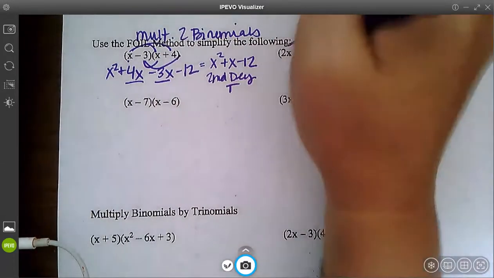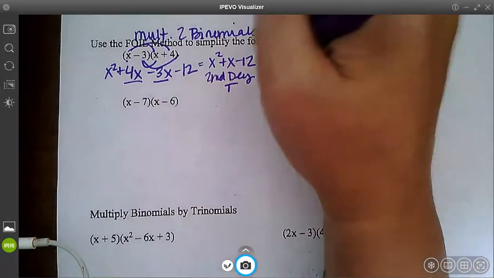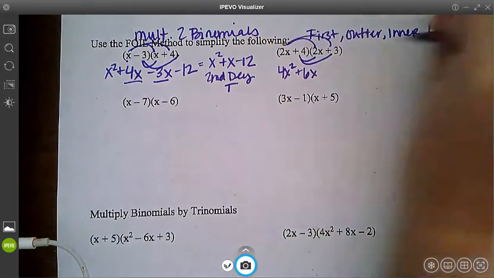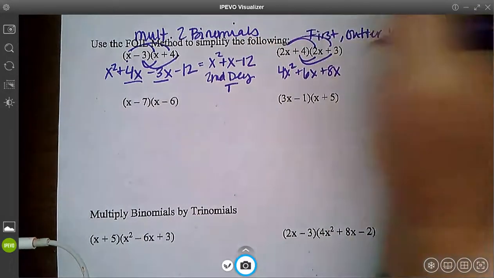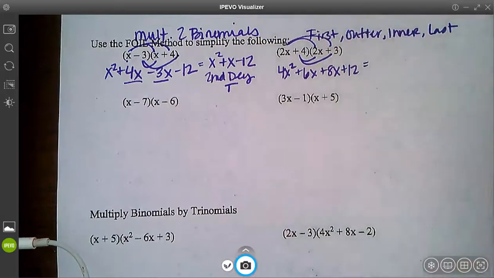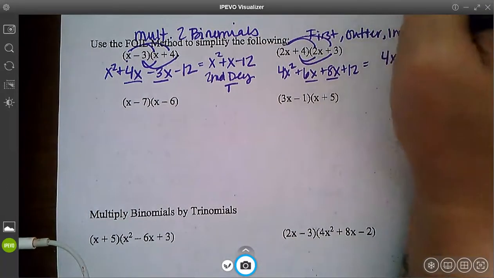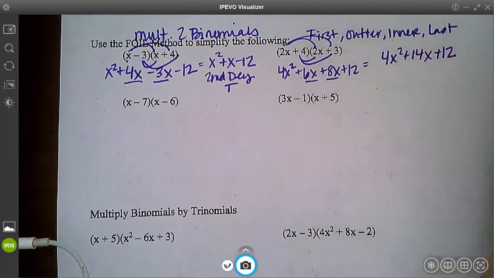The next one, 2x times 2x is 4x squared, 2x times 3 is 6x, 4 times 2x is 8x, 4 times 3 is 12. Combine your like terms, 4x squared plus 14x plus 12.